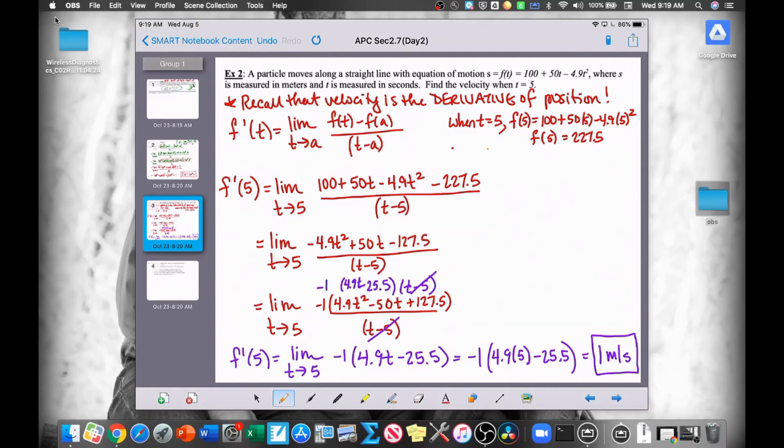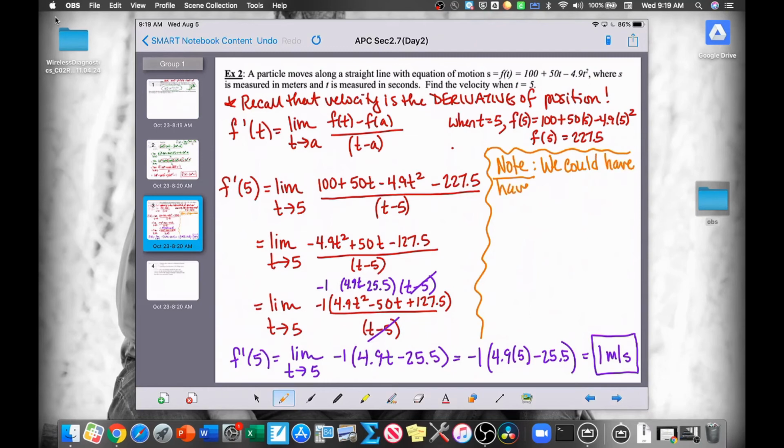I want to make a little note, and you can put this note anywhere that you have room or in your margin somewhere, but I want to talk about the other derivative formula. We could have done this problem a different way.